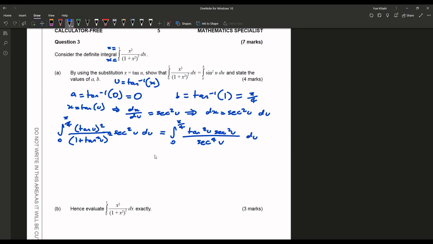This secant squared you can just cancel, and this becomes a 2.